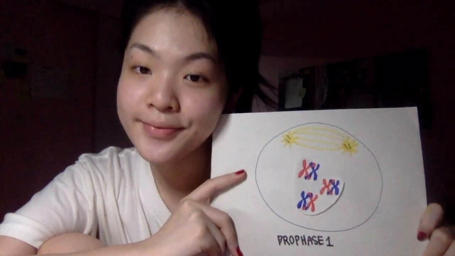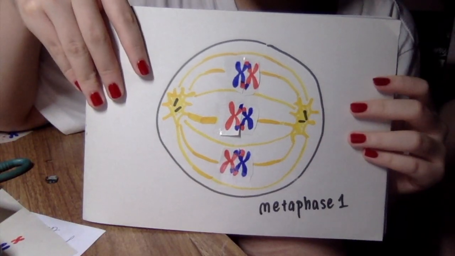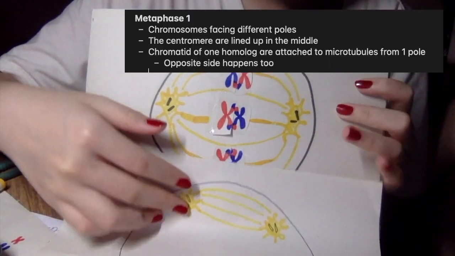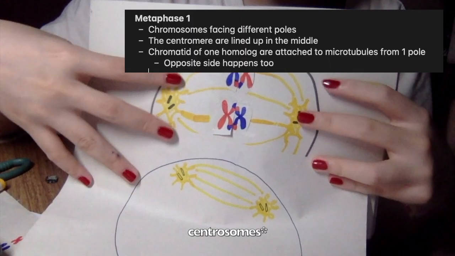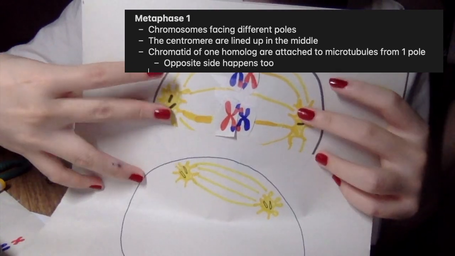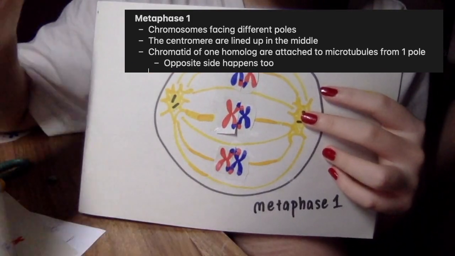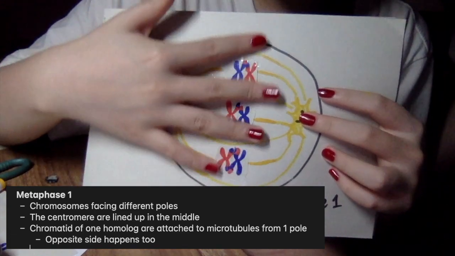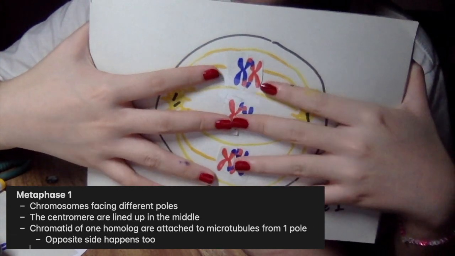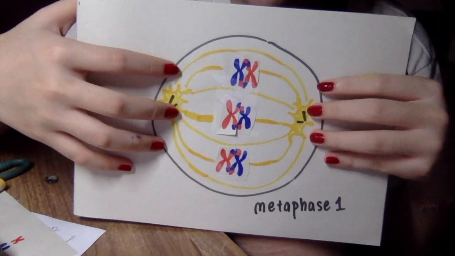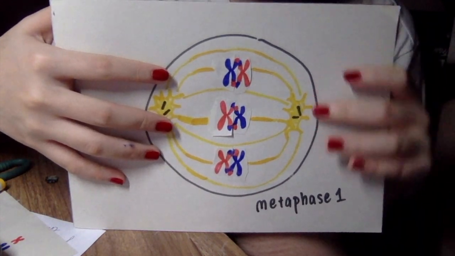We're going to be moving on to metaphase 1. This is metaphase 1, and after the prophase, you can see that the chromosomes have moved to each of the polar sides right here, and then the chromosomes will start to be at the center where the microtubules are starting to attach to them, and later on they will start to pull them apart, which will happen in anaphase.